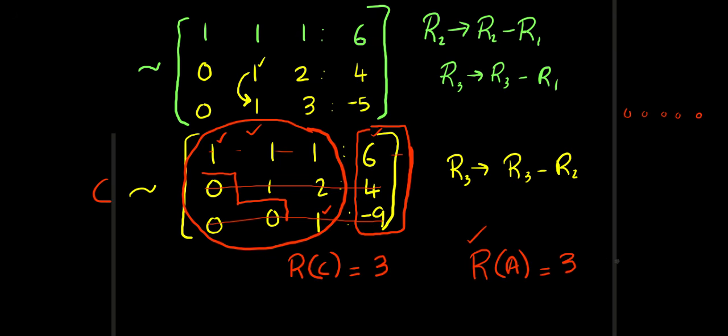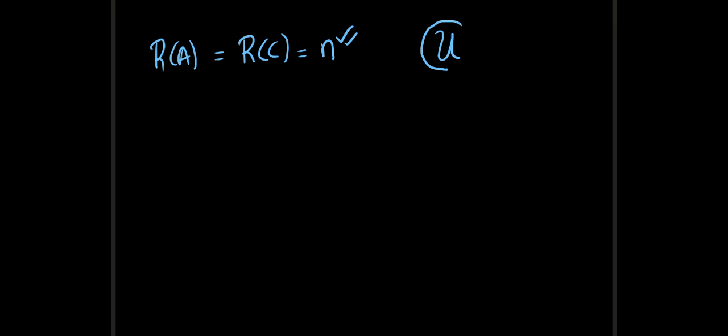And now the last thing, how many unknowns are there? In the beginning itself I told you the unknowns are X, Y and Z. We have the condition rank of A is equal to rank of C is equal to the number of unknowns, and this is the condition for a unique solution.